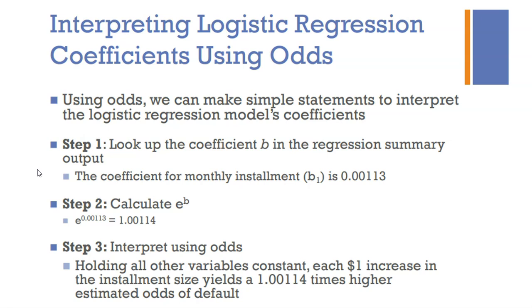We can calculate e to the power B, which is 1.001, and the interpretation using odds would be: holding all other variables constant, each $1 increase in the installment size yields a 1.00114 times higher estimated odds of default.